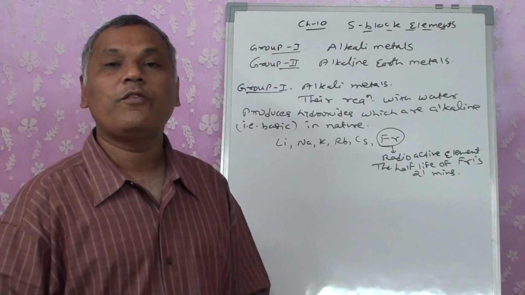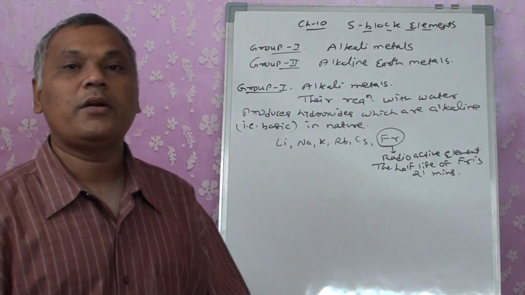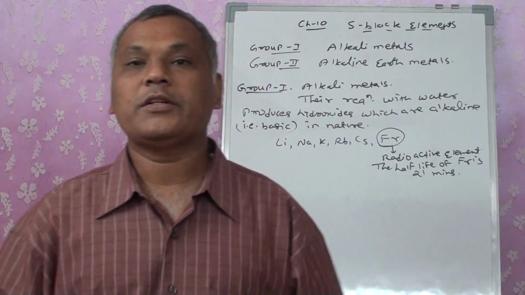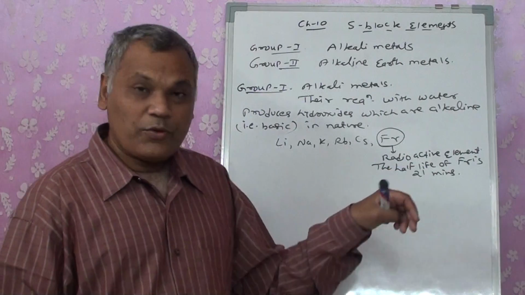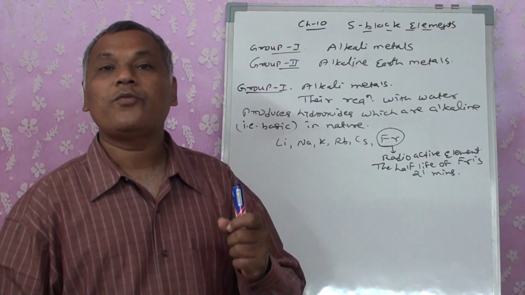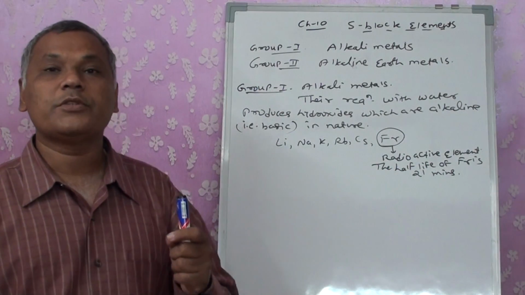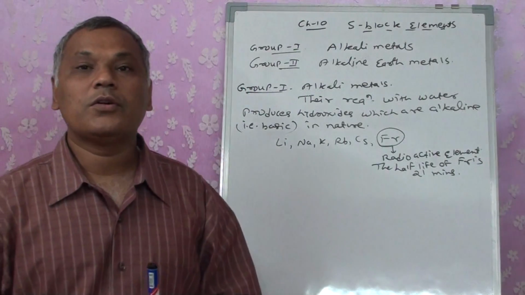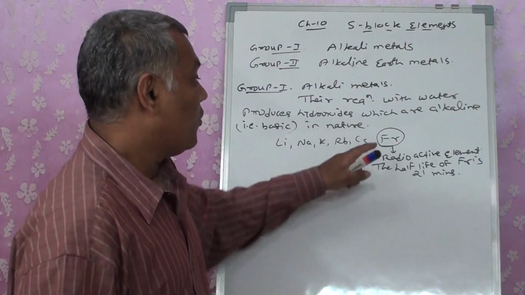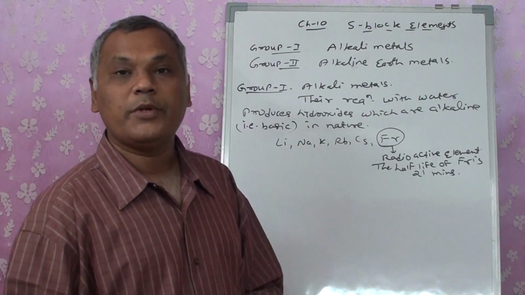That means 500 grams will be left. If you take 500, after 21 minutes you will have only 250. So the definition of half-life is the time required for a component to decompose into half of its initial concentration. Francium needs 21 minutes.